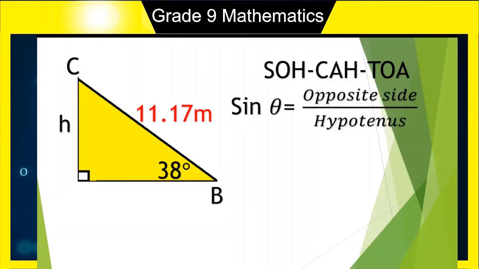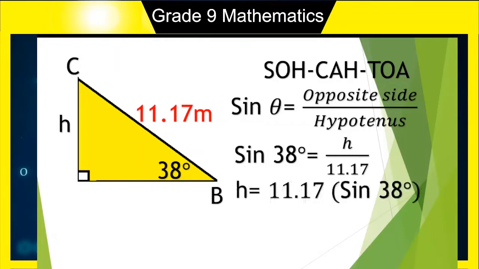So therefore, we use the sine formula, or SOH, which is sine theta is equal to opposite side over hypotenuse. Then we substitute the given: sine 38 degrees is equal to H, which pertains to the height of the pole, over the hypotenuse. Then we isolate H, because we need to look for H. So it becomes 11.17 times sine 38.